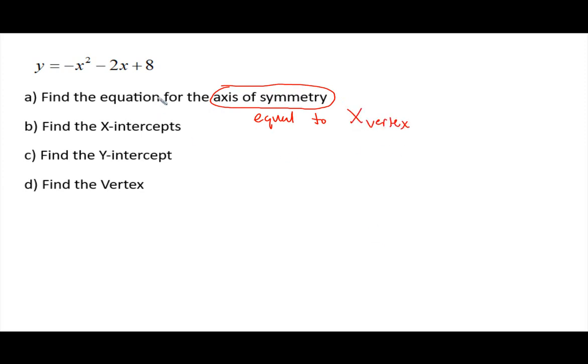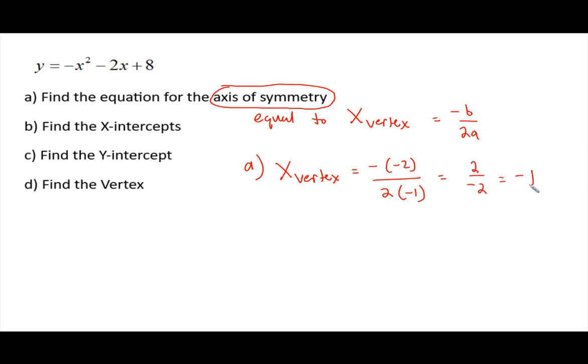Now, when the quadratic is in standard form, remember that to find the x value of the vertex, it's negative b divided by 2a. So for part A, if I need to find the equation for the axis of symmetry, I'm trying to find the x value of the vertex. We have negative b, which is negative 2, divided by 2 times a, which is negative 1. So we end up with positive 2 divided by negative 2.